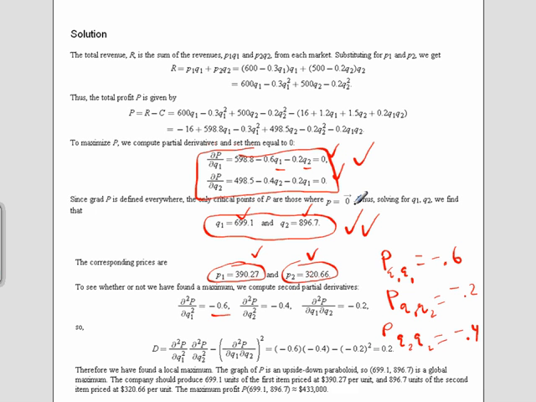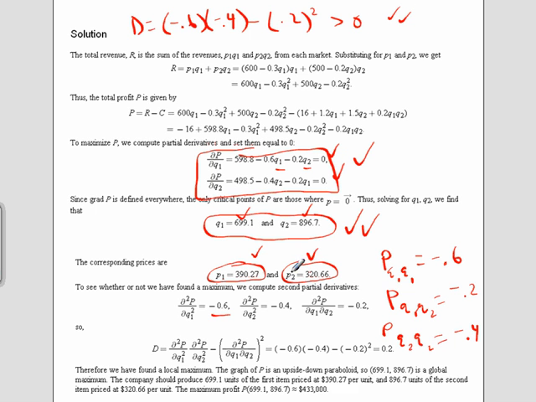And what we do is we say, okay, well, D equals negative 0.6 times negative 0.4 minus negative 0.2 squared. And this value is greater than 0. So the fact that it's greater than 0 implies that it's going to be a max or a min.